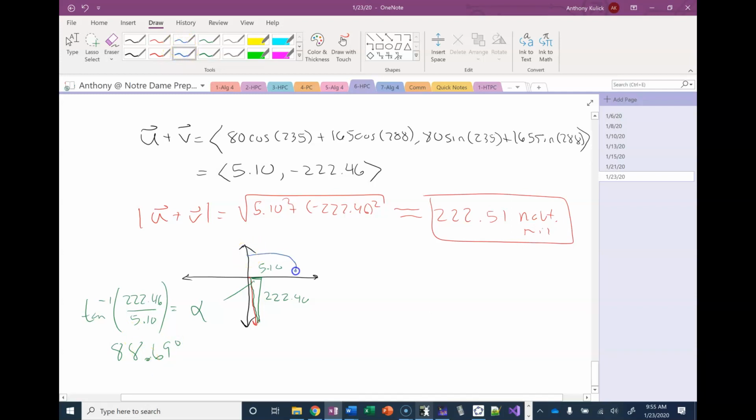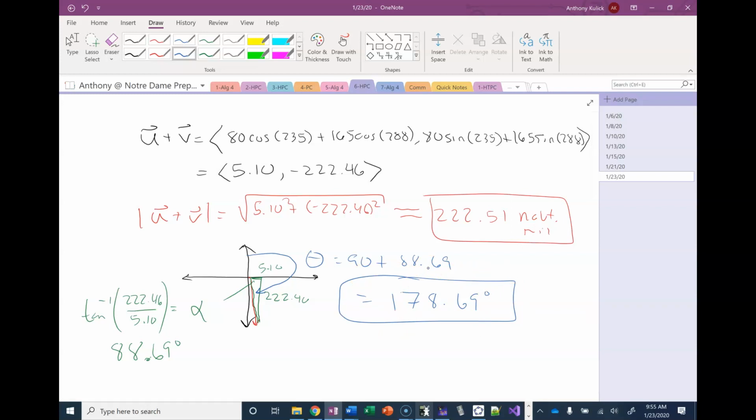And if I'm interested in the bearing, I'm interested in this angle. So that's going to be 90 plus that 88.69. So that's a 178.69 degrees. So there's my bearing. Notice that it asks for a bearing, so that would be different than if it asks for the position or the direction, which would be the standard position angle.